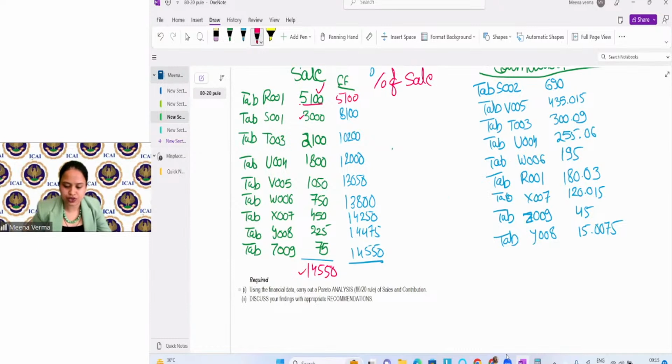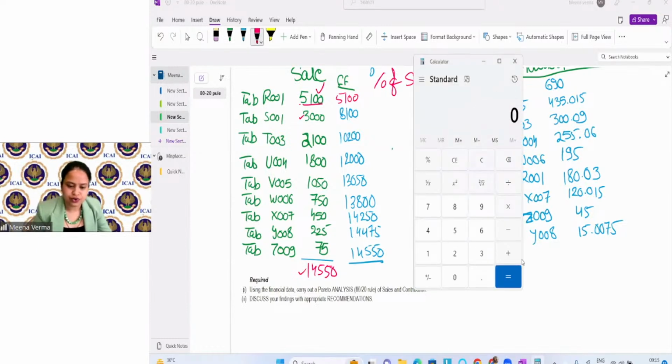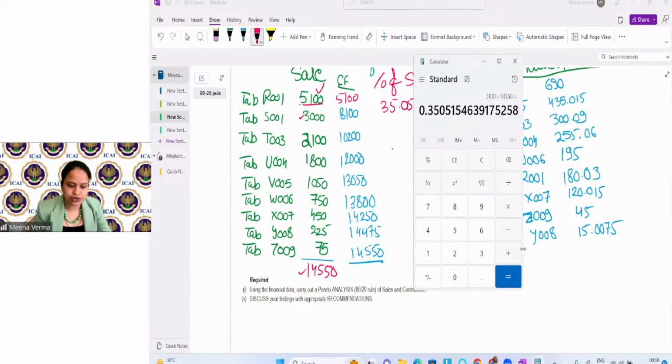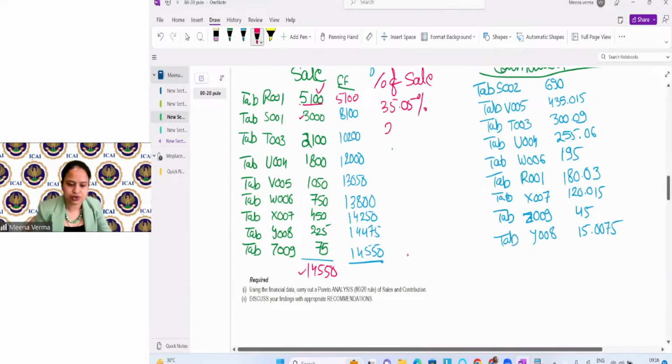Find the value in percentage. So 5100 divided by 14550, you will get 35.05%. Second one, 3000 divided by 14550. This will give you 20.62%.